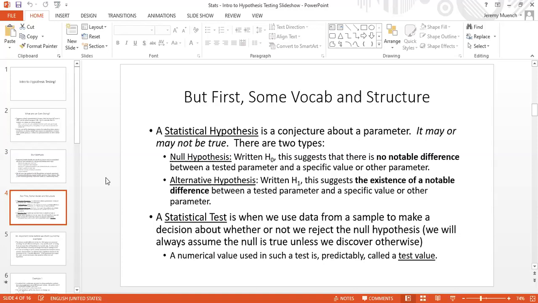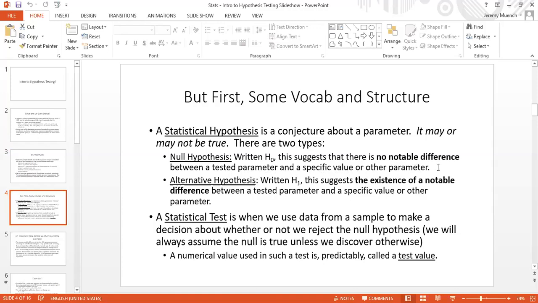It might or might not be true, and for the purposes of designing our experiment, it really doesn't matter whether or not it's true. Our experiments are going to be built around the assumption of what things would look like if it is true, but that doesn't mean it has to be. So, the null hypothesis, which is written H sub 0, often pronounced H naught, suggests that there's no noticeable difference between whatever we've tested and whatever our conjectured value for our population parameter was.